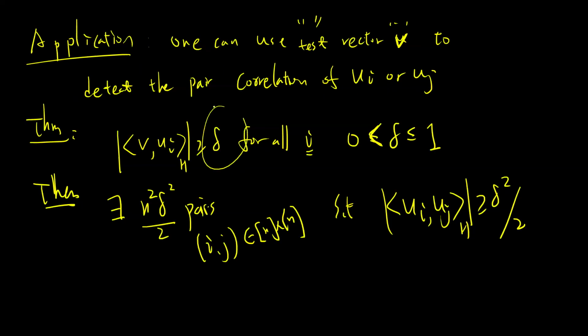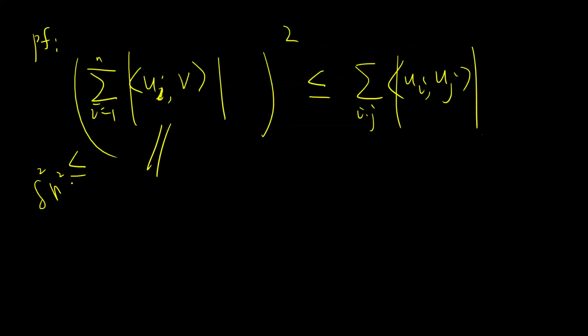My assumption is that every term is at least delta, so the left side is at least delta squared n squared. So the sum of them is greater than or equal to this.